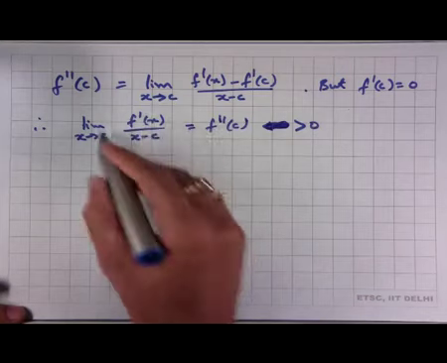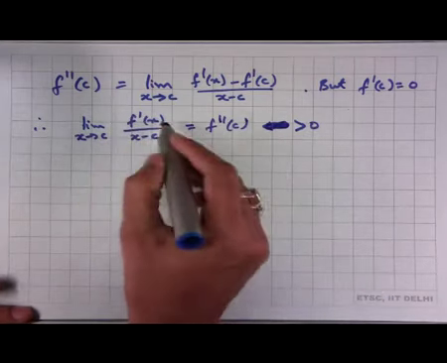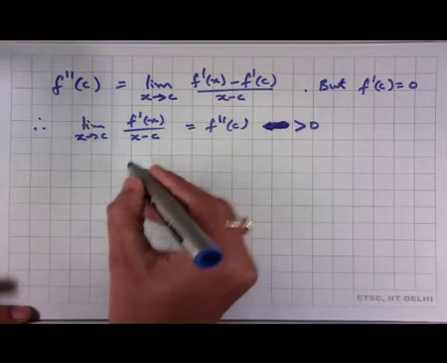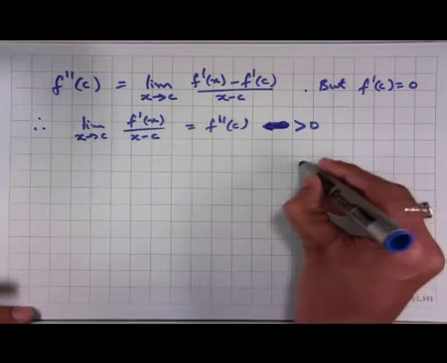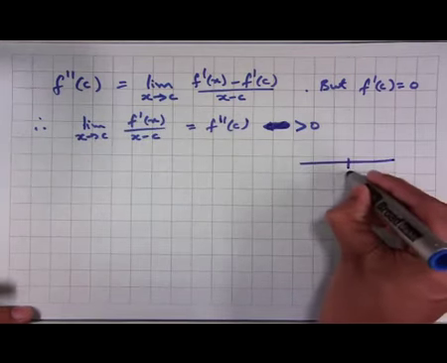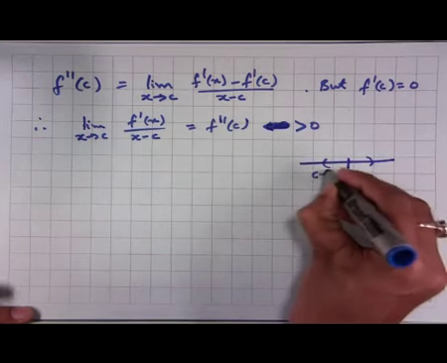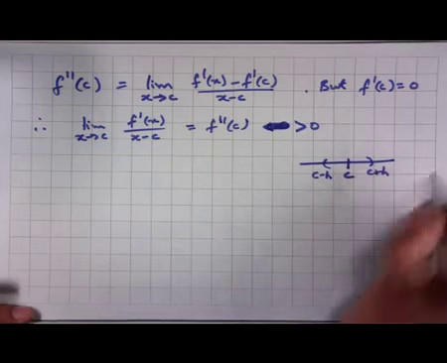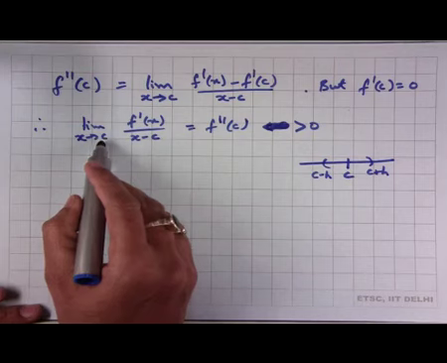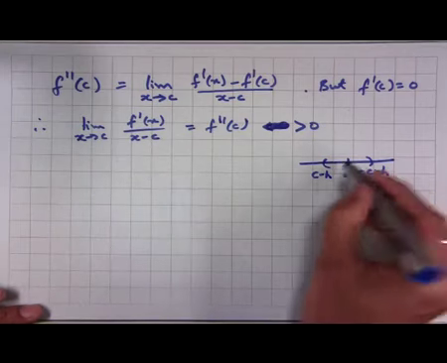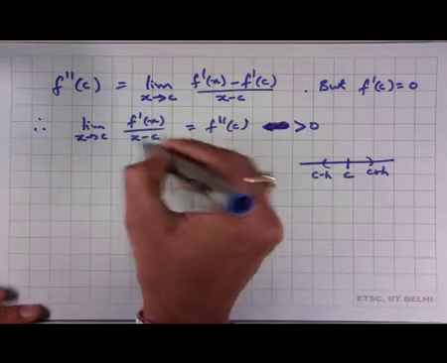So, we are given that this limit is positive. What does that mean? If the limit is positive, then if I take x near the point c, in c minus h, c plus h, with h small enough, the value of this must be positive.